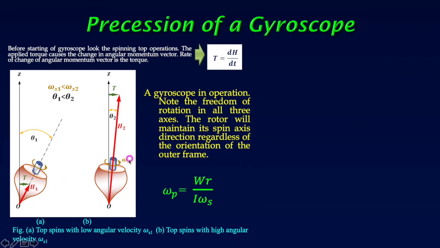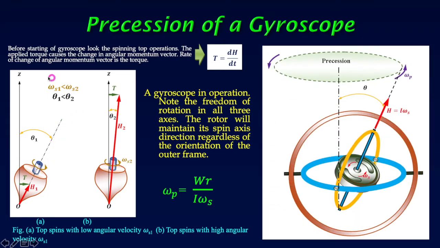Here we know that for a spinning top, if a torque is working on the spinning top, then the axis of the spinning top is rotating about a radius like this.